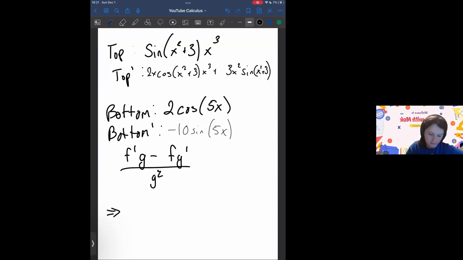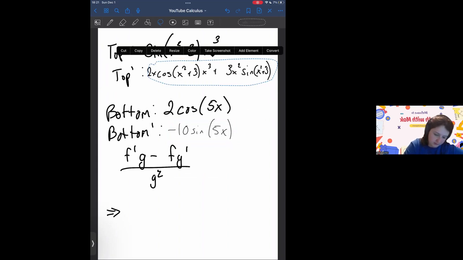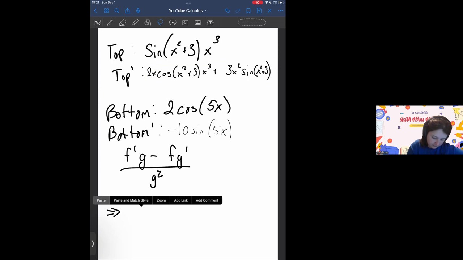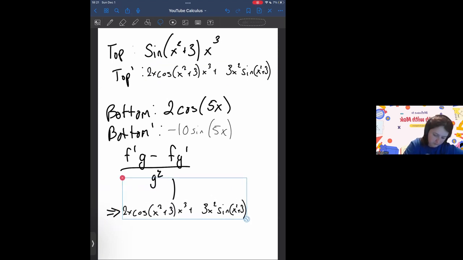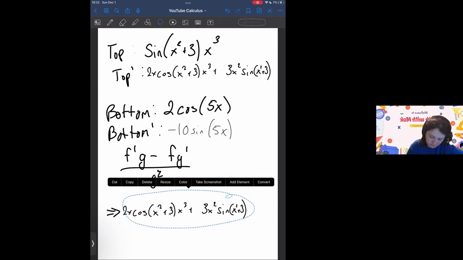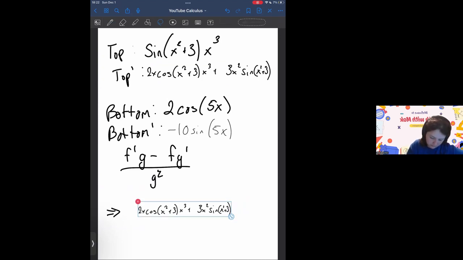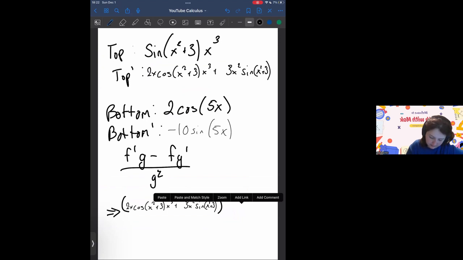Which means that we have all of this multiplied by all of this, which let's just go ahead and fill in parentheses and then paste it.